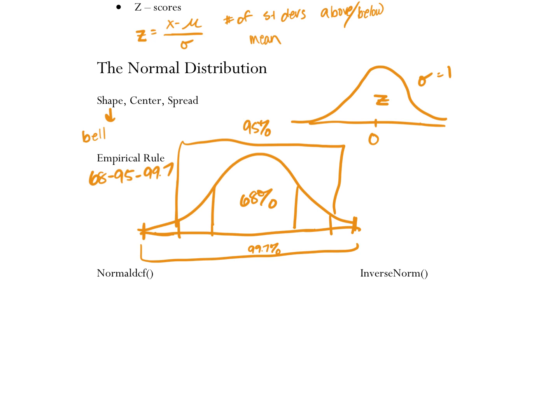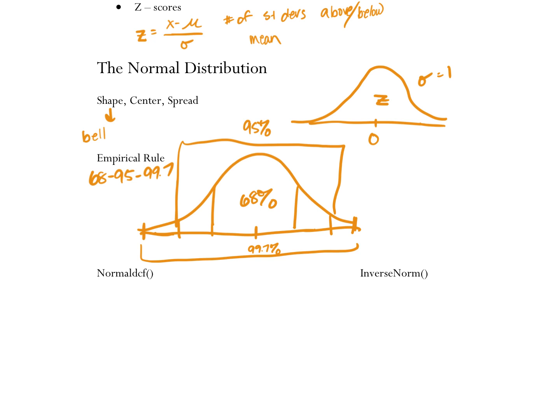You guys, are you comfortable with me saying in between my min and my max is roughly 99.7%, just about all, yes? Okay, so the distance from my min to my max is essentially 6 standard deviations. 1, 2, 3, 4, 5, 6.